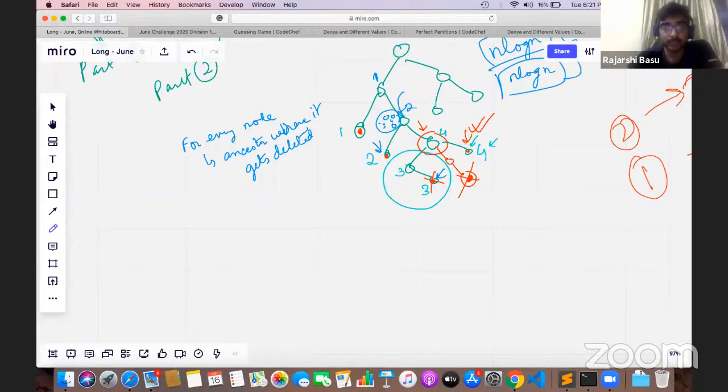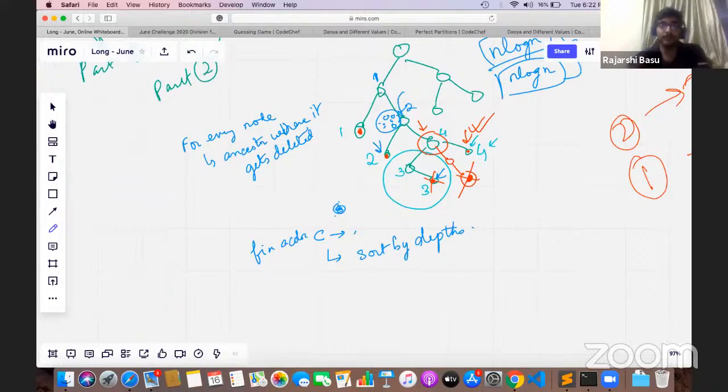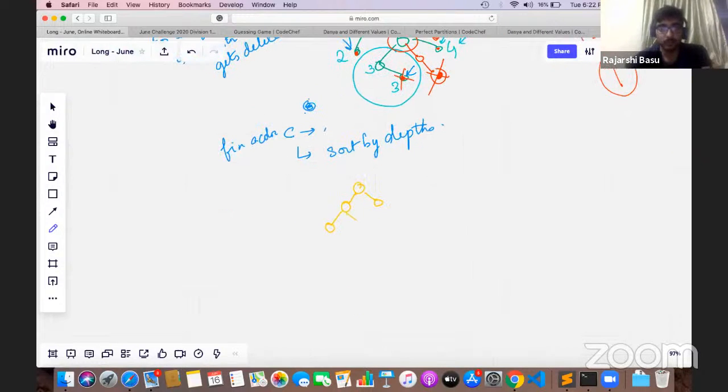The algorithm for this is: fix a color, let's say the color C. For this color, find all nodes and sort them by their depths. Let me draw a sample tree like this.